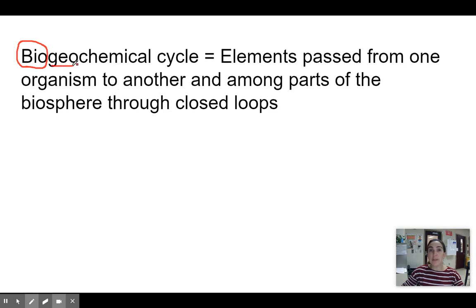The geo part of that word refers to Earth. When it says among parts of the biosphere, that refers to things like the soil and rocks. So elements are also found in there. And the third part of this word, chemical, refers to the fact that these elements go through chemical changes as they go through these cycles.